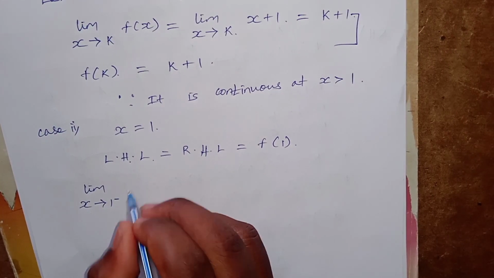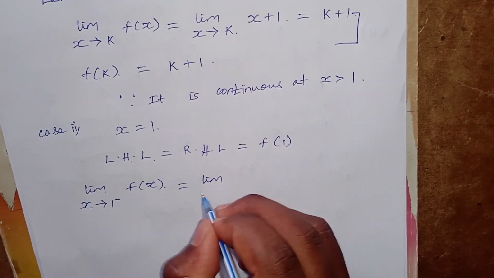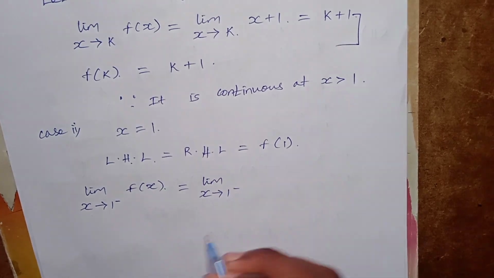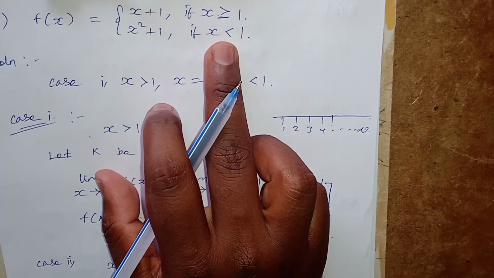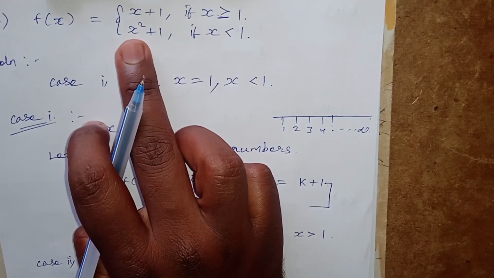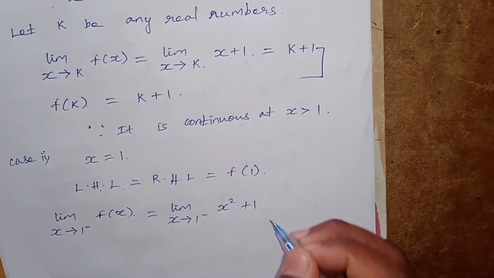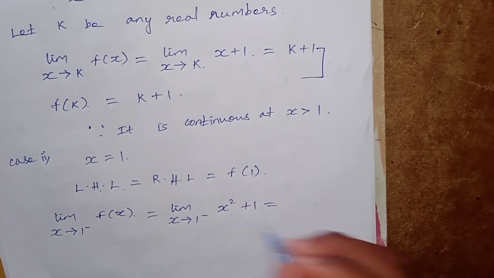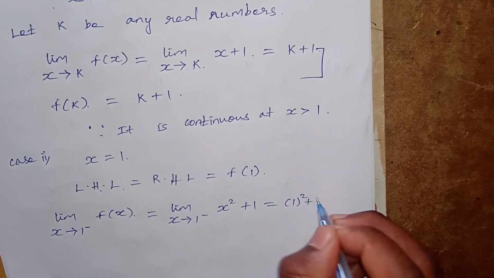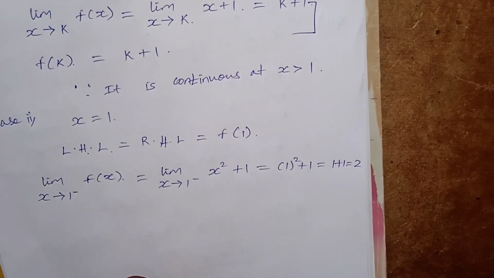Therefore, f of x, limit x tends to 1 minus, here less than 1, therefore I am taking x squared plus 1. Substituting the value 1 in place of x, 1 squared plus 1 is equal to 1 plus 1 is equal to 2.